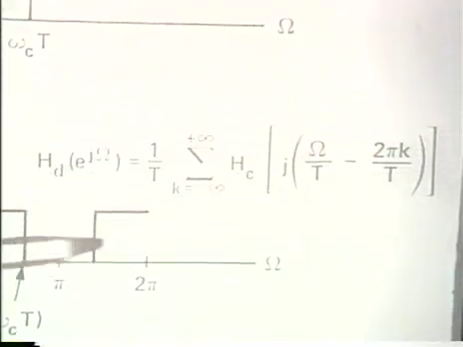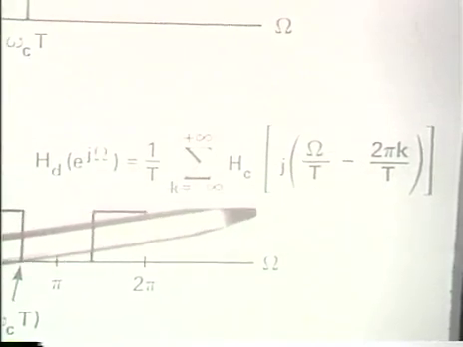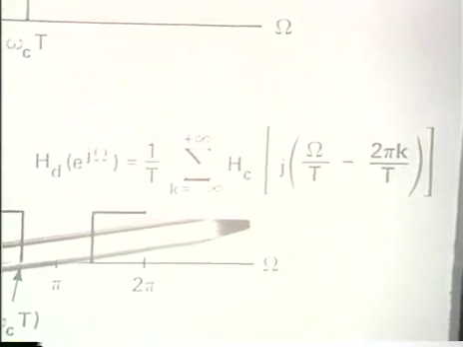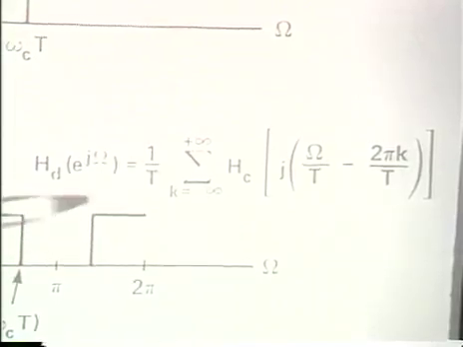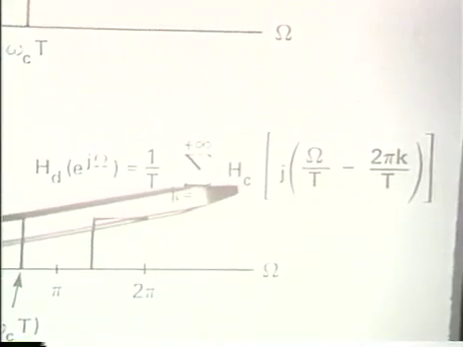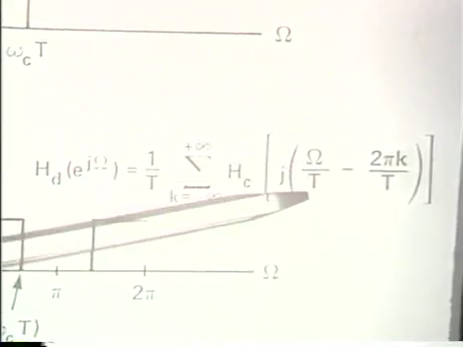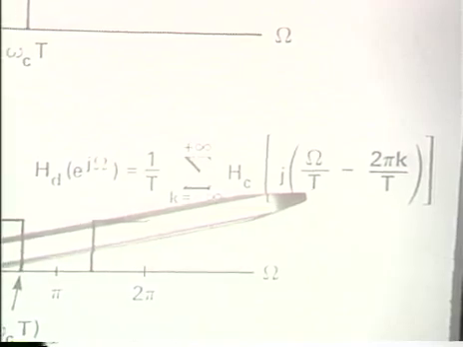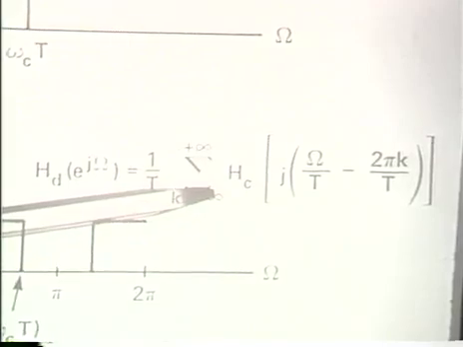This is the expression that we had previously when we had talked about issues of sampling. So that means that we would form the discrete time frequency response by taking the continuous time one, scaling it in frequency according to this parameter capital T, and then adding replications of that together.